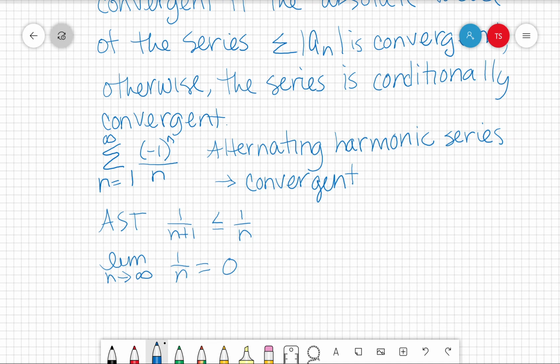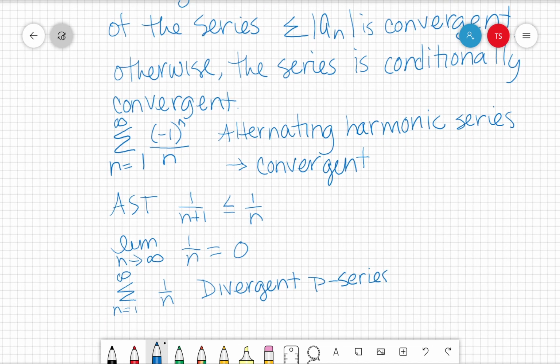However, we also know that the series from n equals 1 to infinity of 1 over n, which would be the absolute value of the alternating series, is a divergent p-series. So since the absolute value of this series is divergent, we would say that the alternating harmonic series is conditionally convergent.